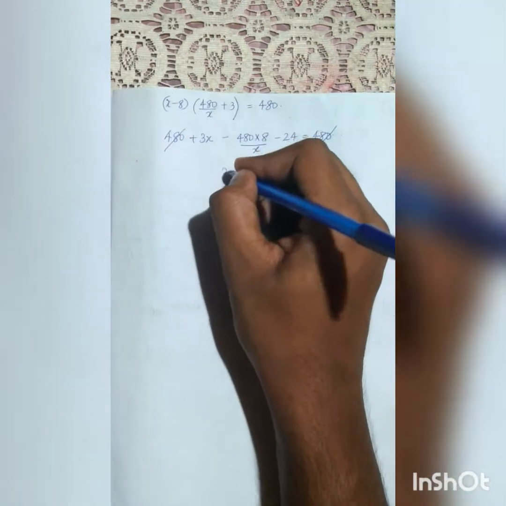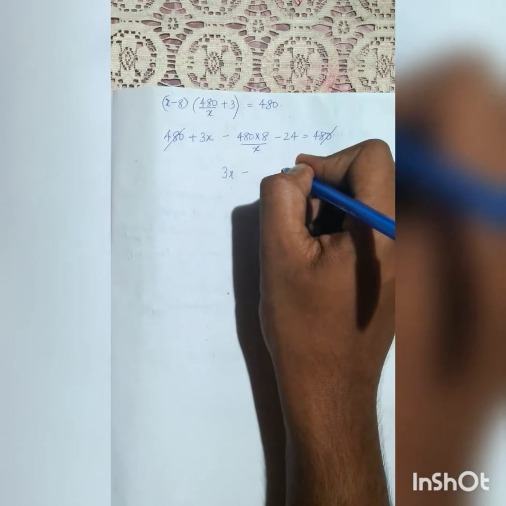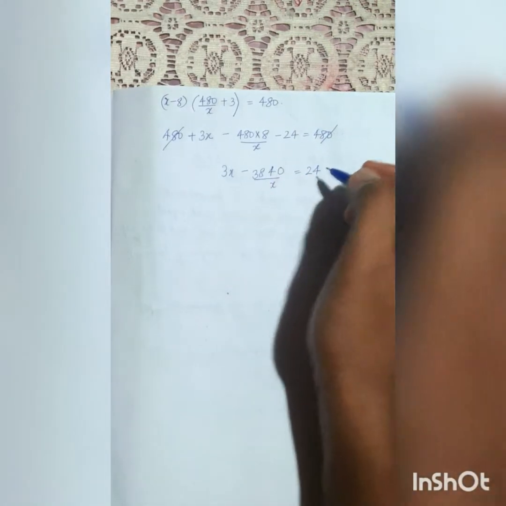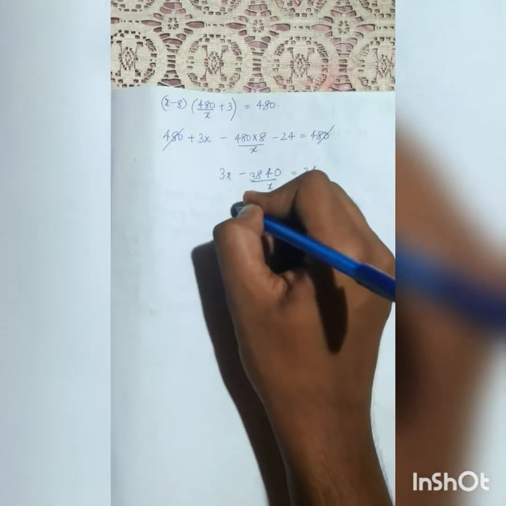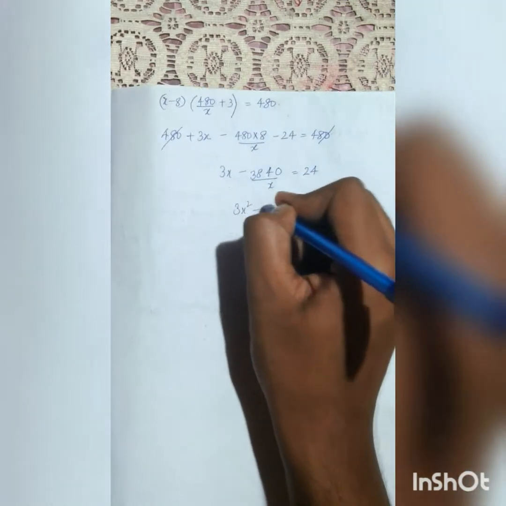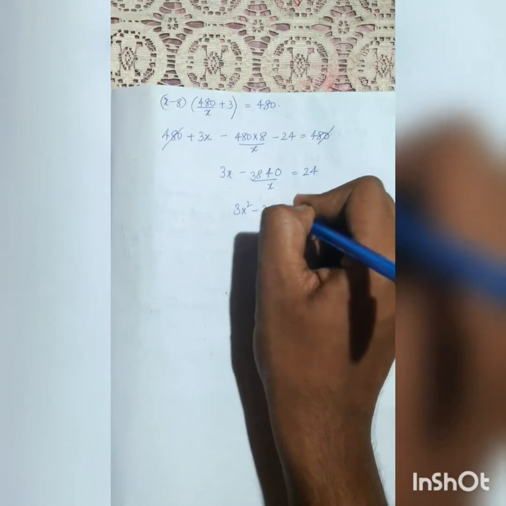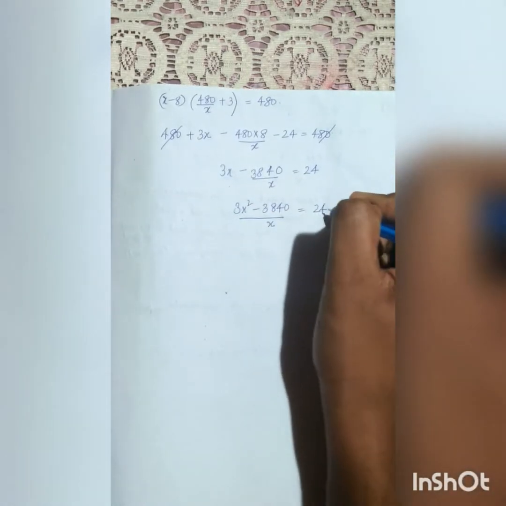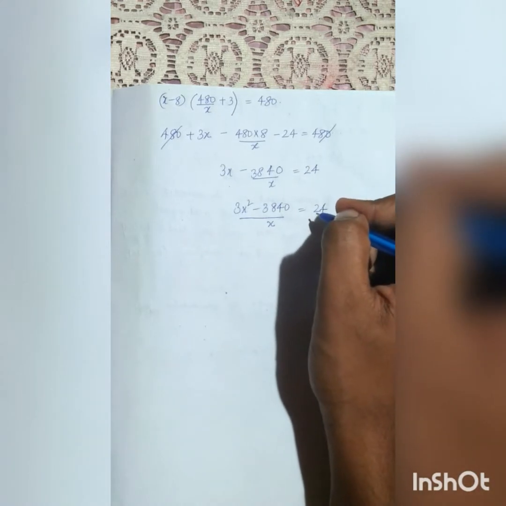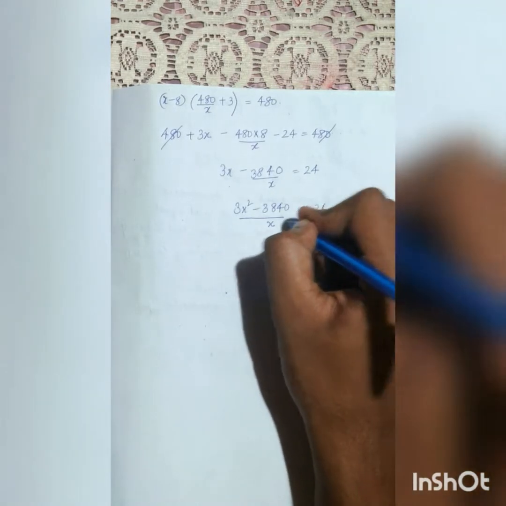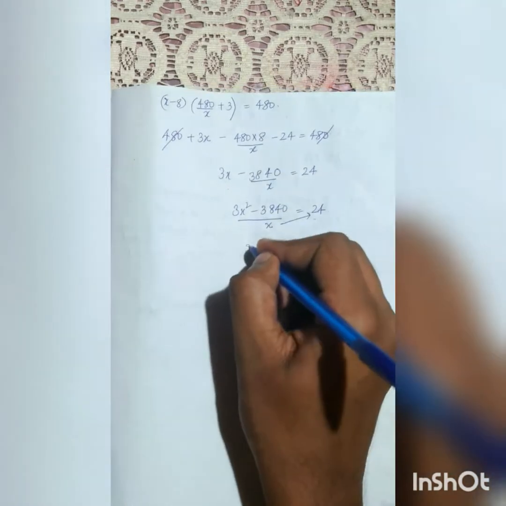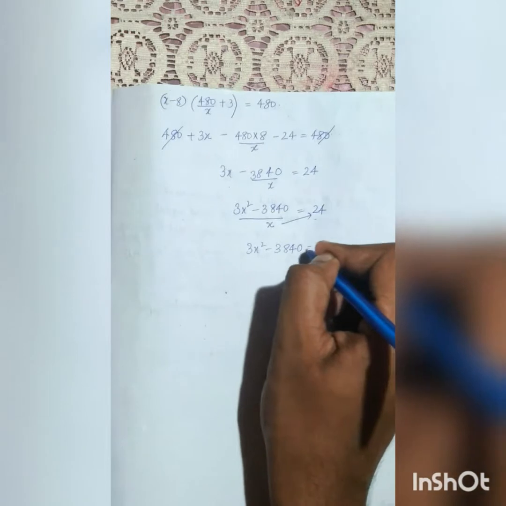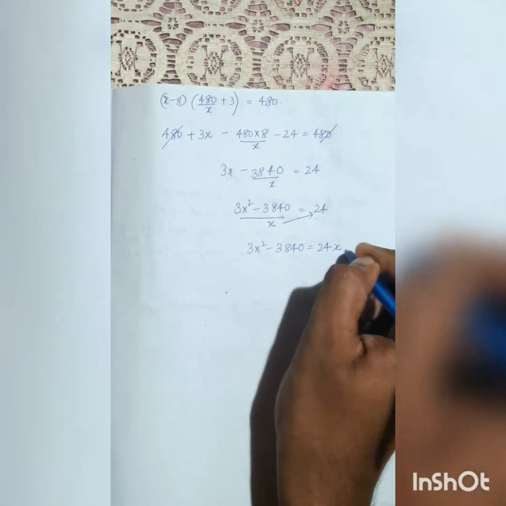So we have 3x minus 3840 by x is equal to 24. Now taking the LCM, we have 3x square minus 3840 divided by x is equal to 24. Now cross multiplying this, we have 3x square minus 3840 is equal to 24x.